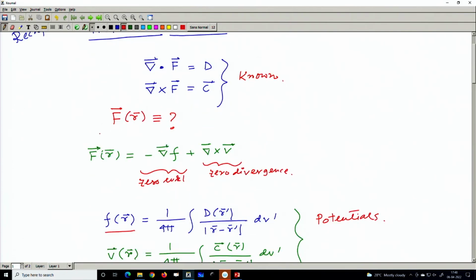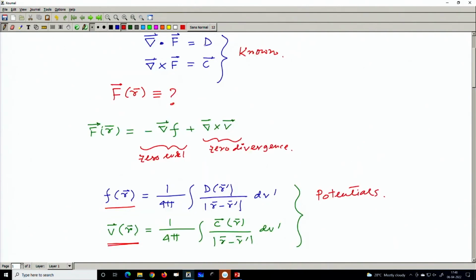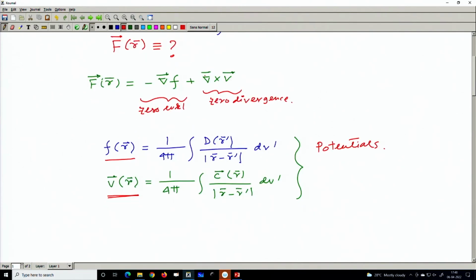So, these are the overall things. Let me repeat once again. Suppose F is unknown, but I know the divergence and the curl of F, D and C. Would it be possible to construct F with the knowledge of D and C? In order to do so, we first divide any vector field into two parts, the gradient of a scalar field and the curl of a vector field.